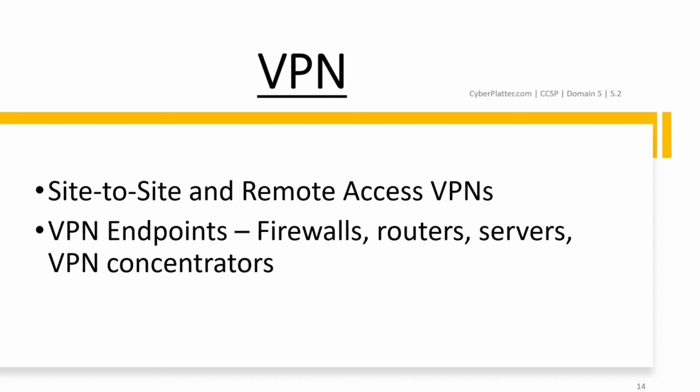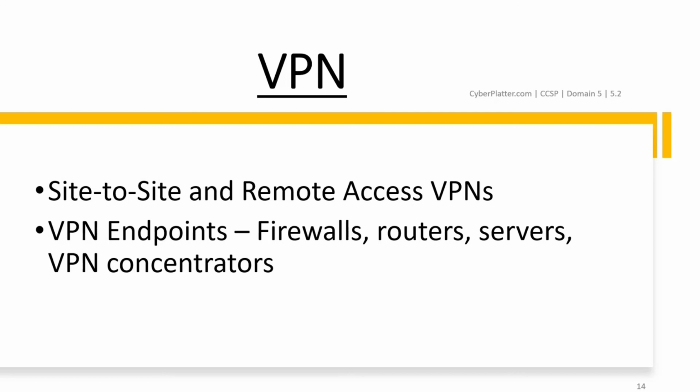VPNs require an endpoint on the remote network that accepts VPN connections. Many different devices may serve as VPN endpoints, such as a firewall, router, server, or dedicated VPN concentrator. All of these approaches provide secure VPN connections, but organizations that have high volumes of VPN use often choose to use a dedicated VPN concentrator because these devices are very efficient at VPN connections and can manage high bandwidth traffic with ease.